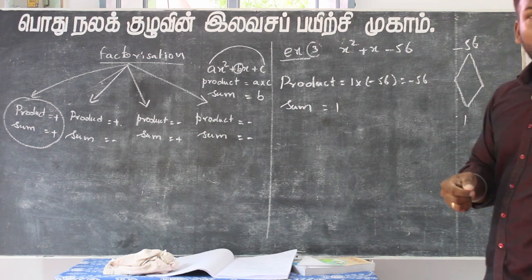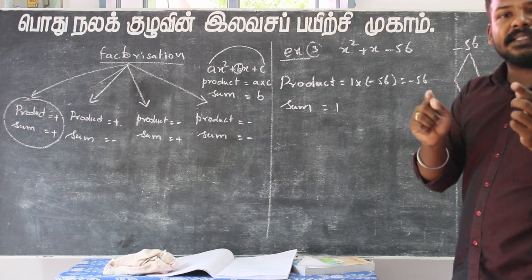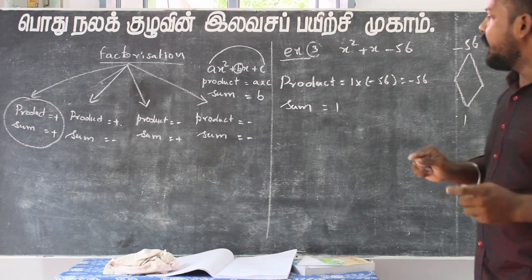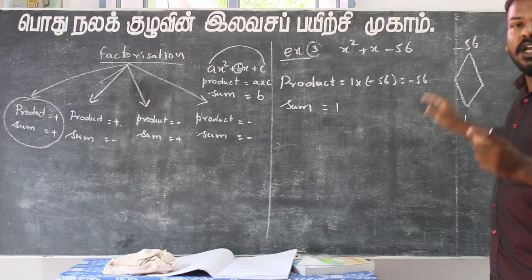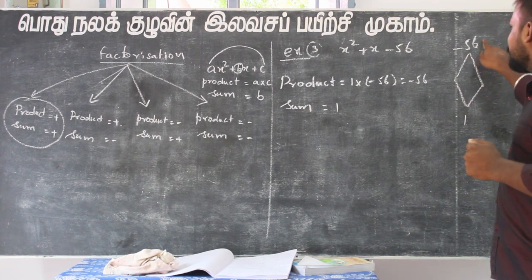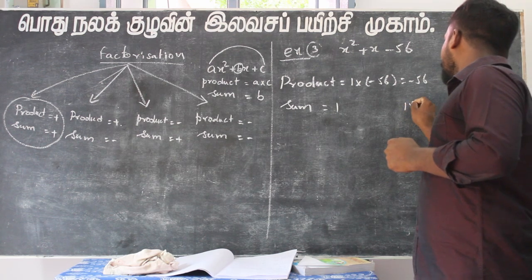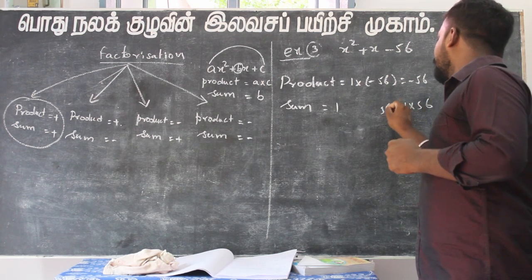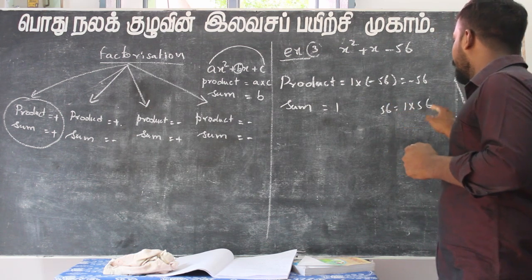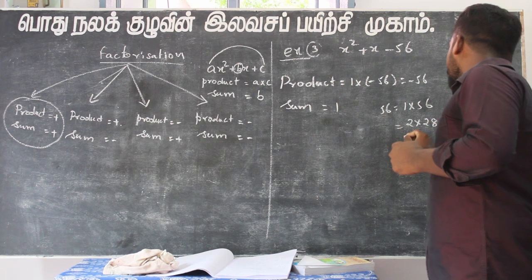So first, when your product is positive, you should add the factors of that number. Here the product is minus, which means we want to find the difference of those numbers. So what are the factors of 56? 1 into 56, then you can write 2 into 28.